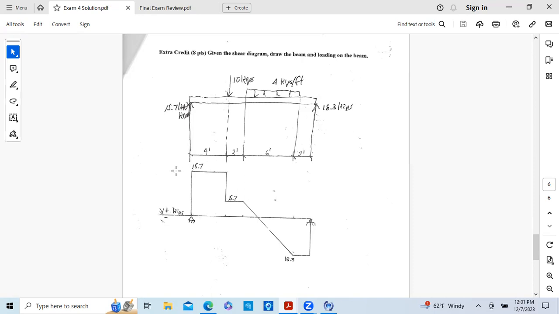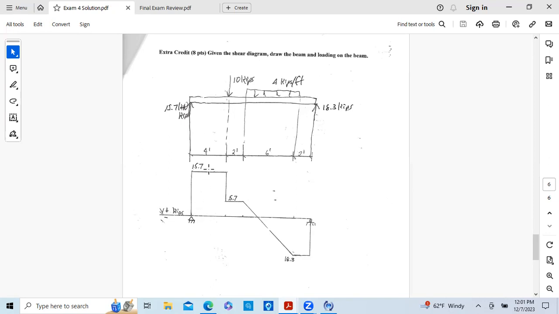So what I did is I gave you a shear diagram with values. I gave you the broad outline here. We know where the discontinuities will occur. And I asked you to draw the diagram or the actual beam loading and the beam reactions given this shear diagram.